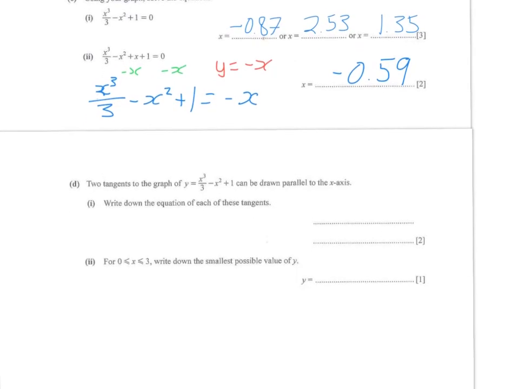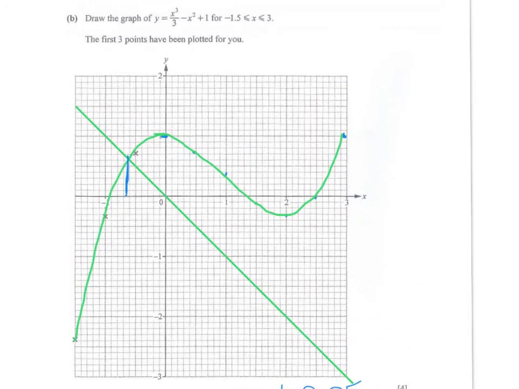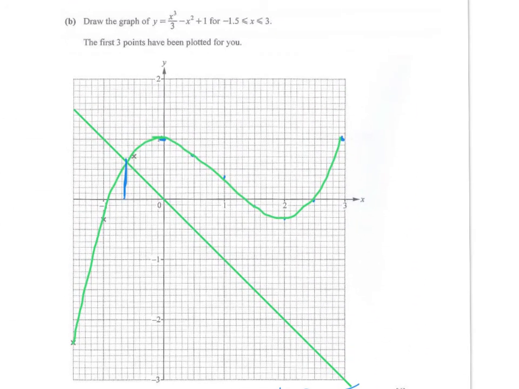So next part of the question tells us that we can draw two tangents that are parallel to the x-axis. So parallel to the x-axis means they're going to have to be horizontal. You can see the 2 points where the graph is horizontal are here and here. So we're going to have to draw two horizontal lines going through those 2 points. So now we can see these two.